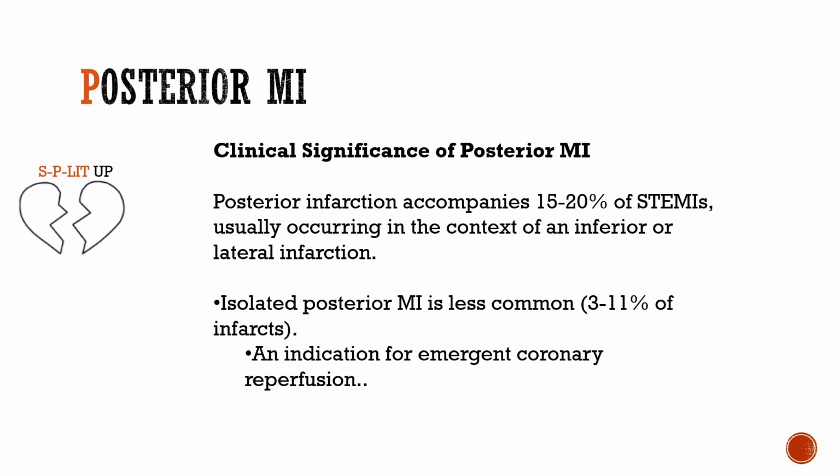The posterior extension of an inferior or lateral infarct implies a much larger area of myocardial damage, with an increased risk of left ventricular dysfunction and death. Isolated posterior infarction is an indication for emergent coronary reperfusion. However, the lack of obvious ST elevation in this condition means the diagnosis often goes missed. But not for you, because you watched this lecture.